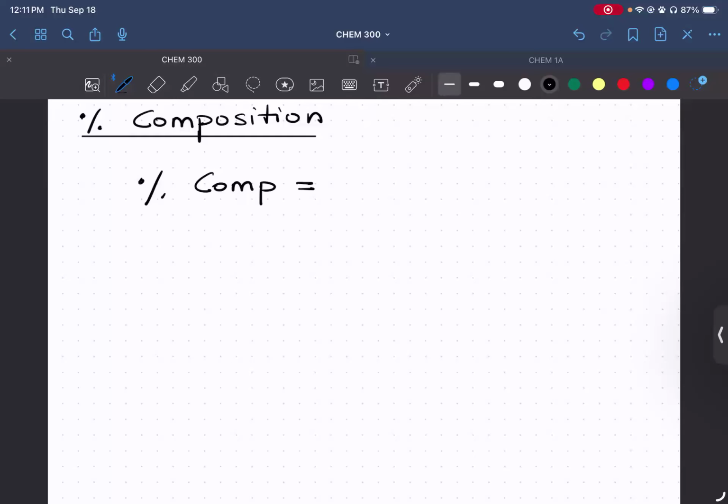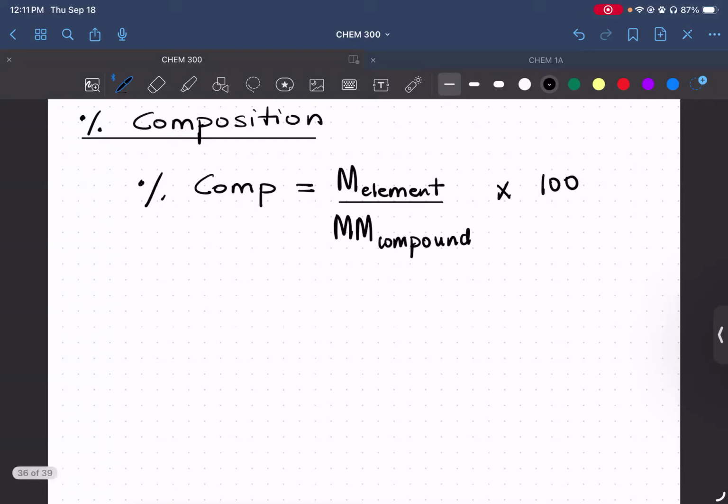Percent composition is equal to the mass of an element all over the molar mass of the compound the element is in times 100. And of course, the times 100 comes from the fact that this is a percentage.